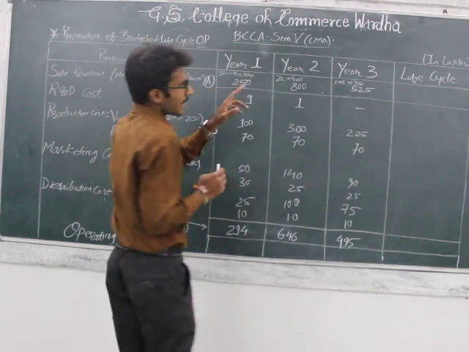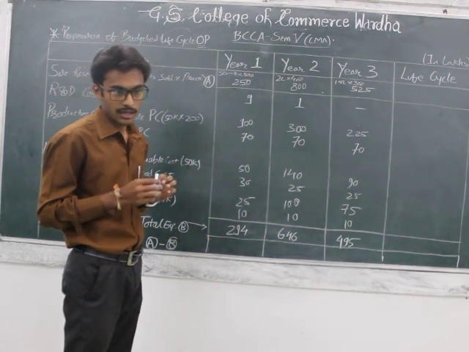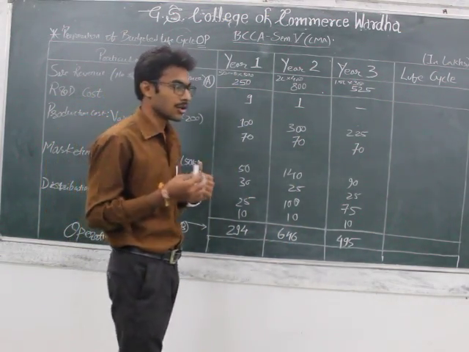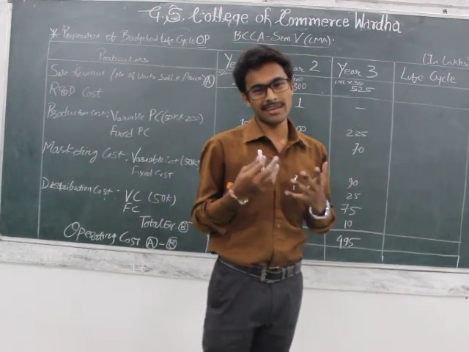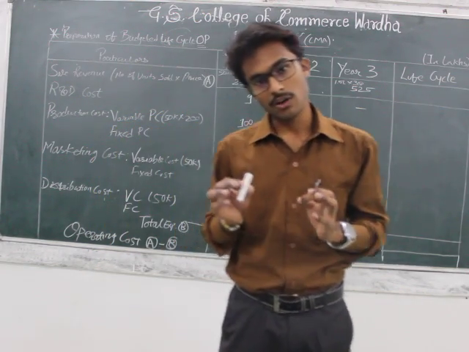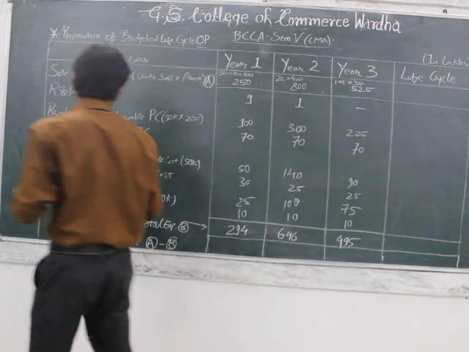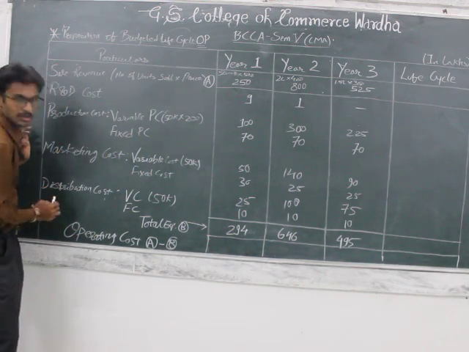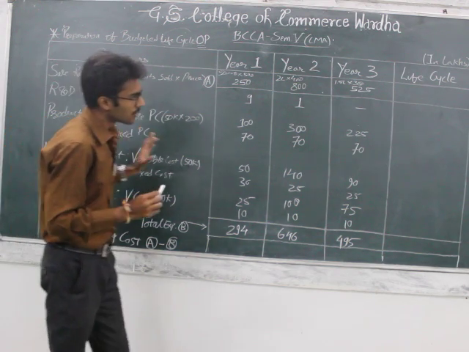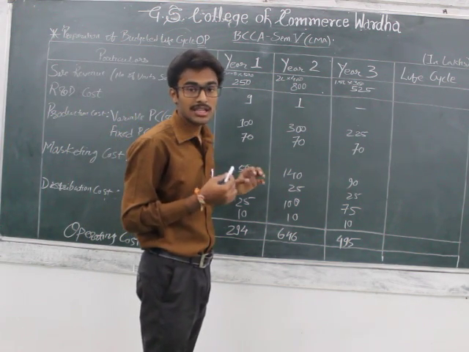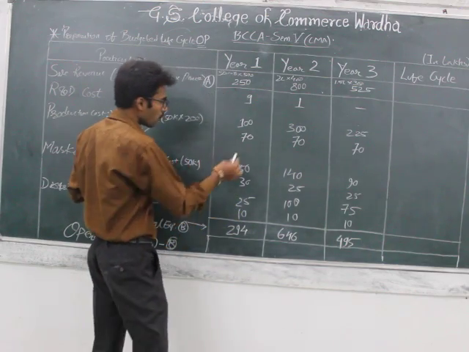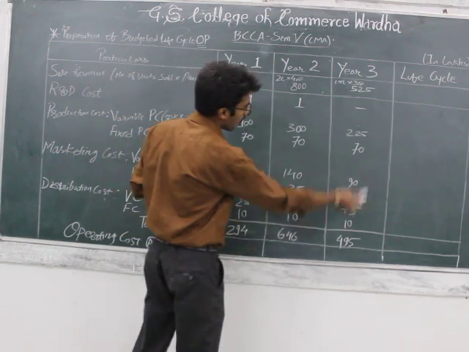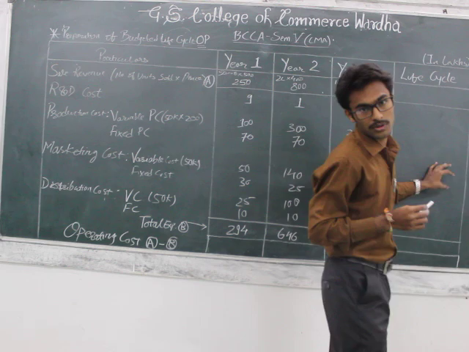What is life cycle costing that we have seen in previous lectures? Again I am repeating, life cycle costing is nothing but the sum of all these costs. That means we will be adding all these amounts in this column.